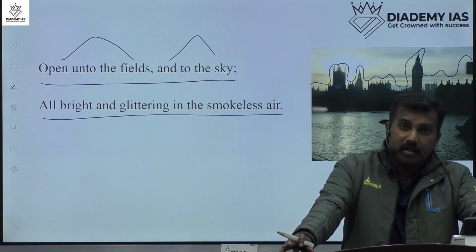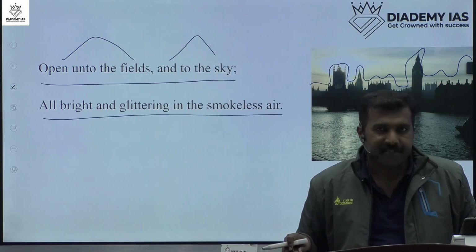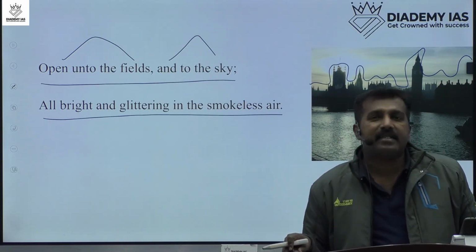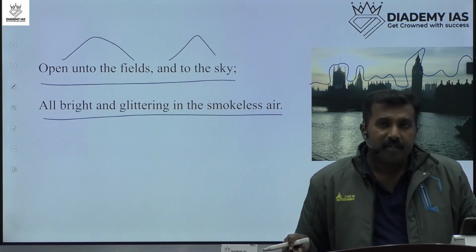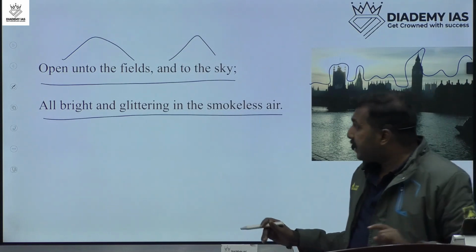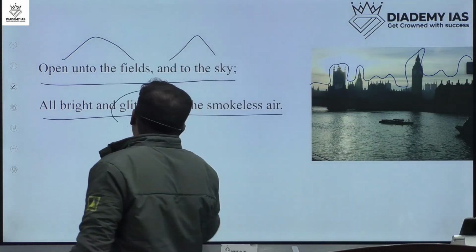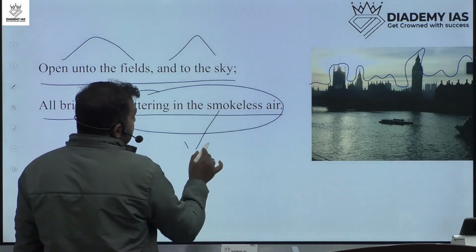It's a beautiful time, according to William Wordsworth. And he says that the city is not in rush. That's why the sky is very clear. Okay, the sky is very clear because it is smokeless.